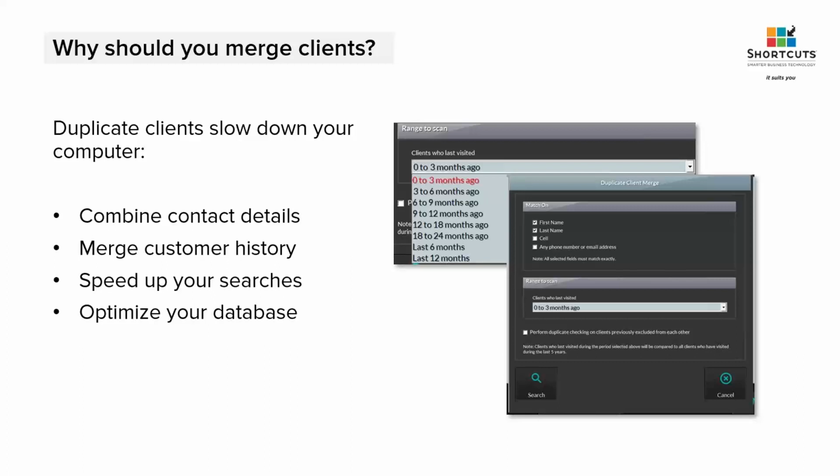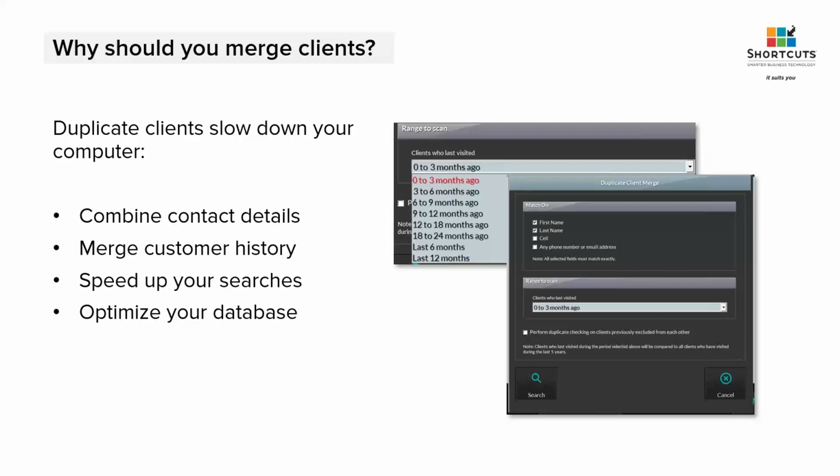So, if you have a customer that has some historical data with a number of visits and then another customer that's the same customer but they have a separate file with different histories, different notes, you don't want to lose that information. So Shortcuts does allow you to do that. Once these duplicates are resolved, it's going to speed up your system, it's going to speed up your searches, and of course it optimizes your database.